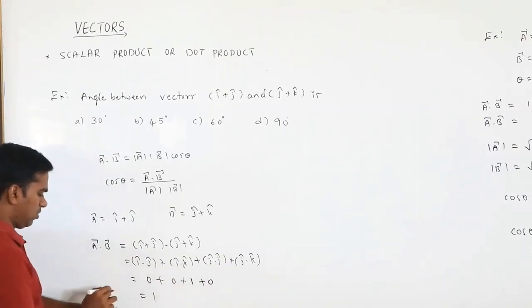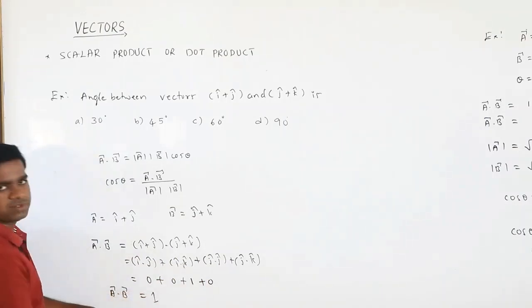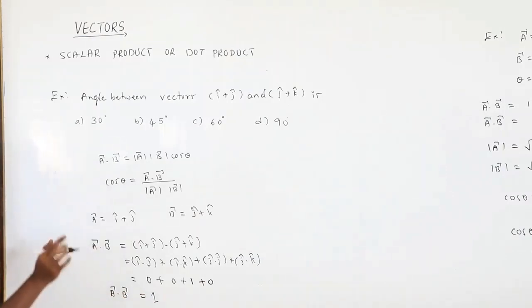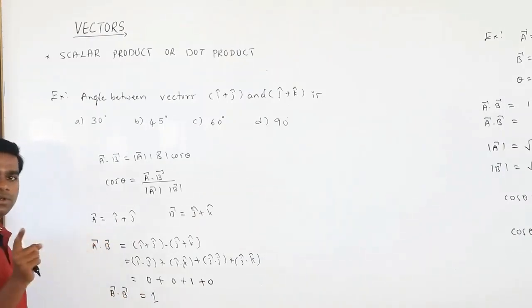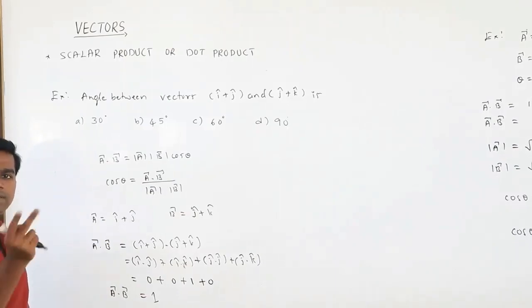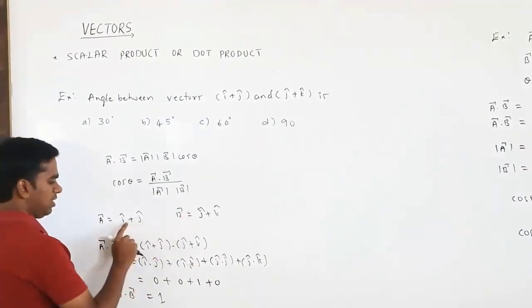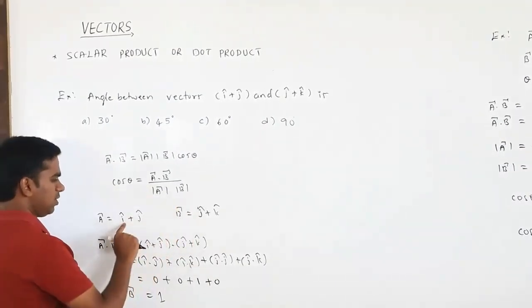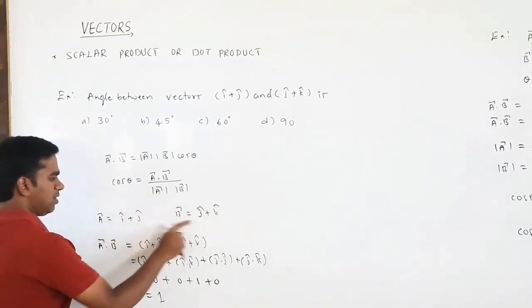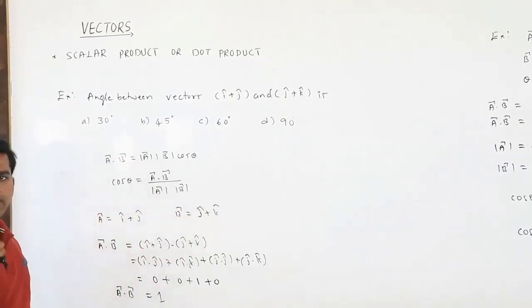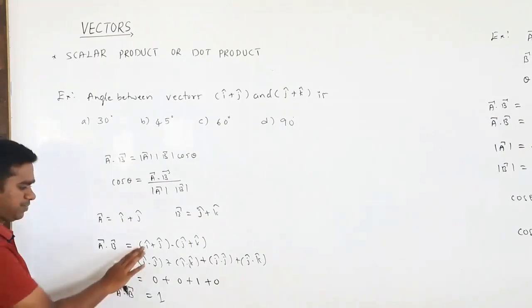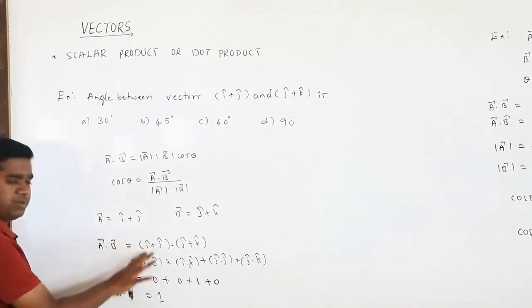So you got 1. So vector A dot vector B equals 1. Simply, you can directly write it by searching for matching i, j, k terms. Only j into j is there, so directly you can say it equals 1. I am doing this just to make you understand.